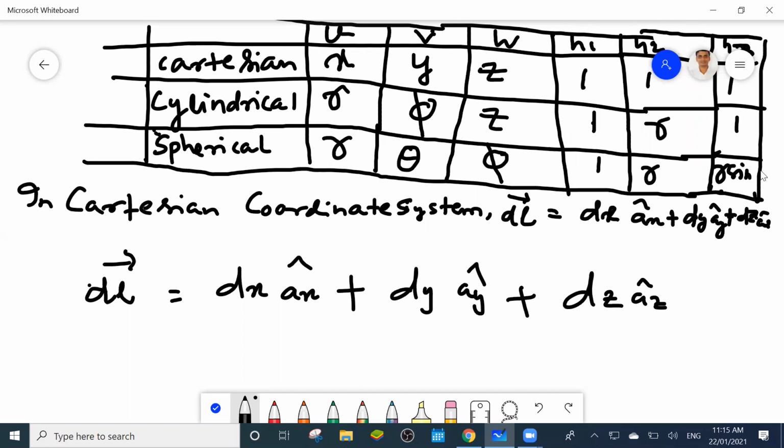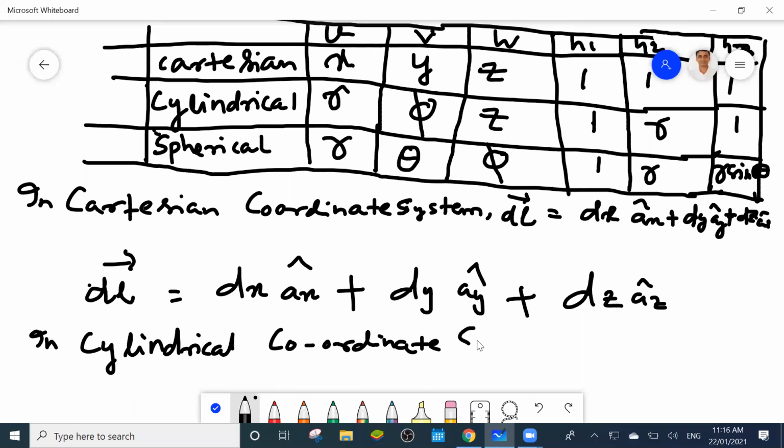You write this as theta, r sin theta. So let me write in the cylindrical coordinate system. It means you have to write in terms of r, phi, z. So what is the dL value? Write, all of you.